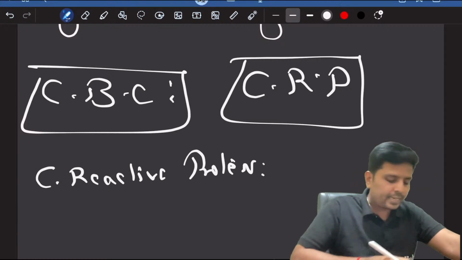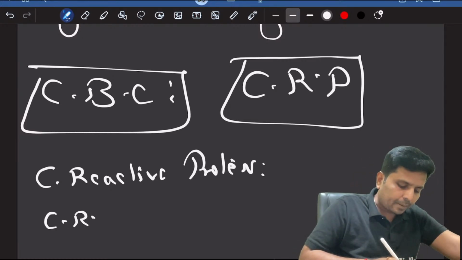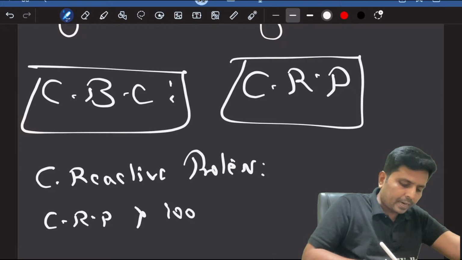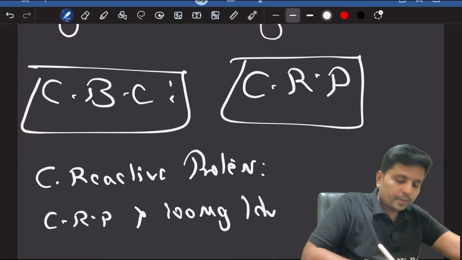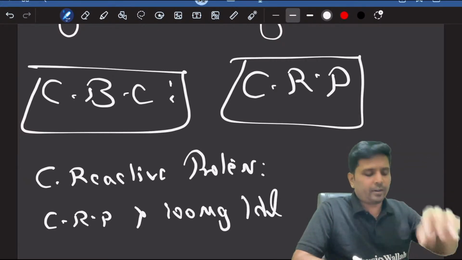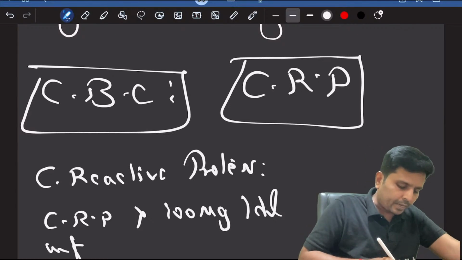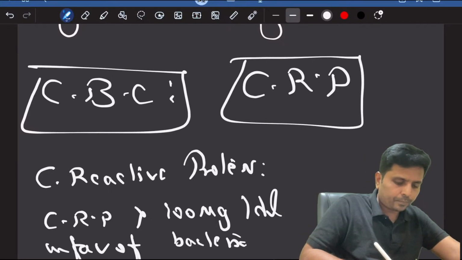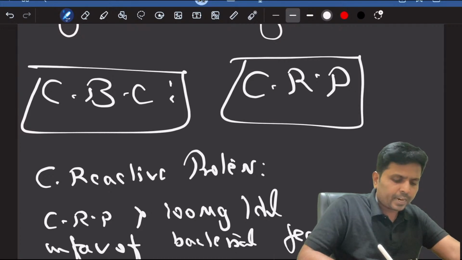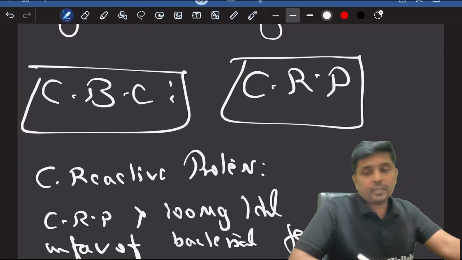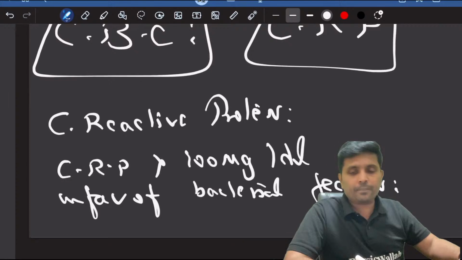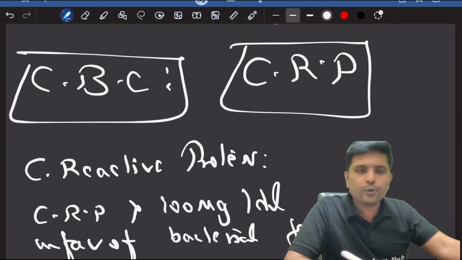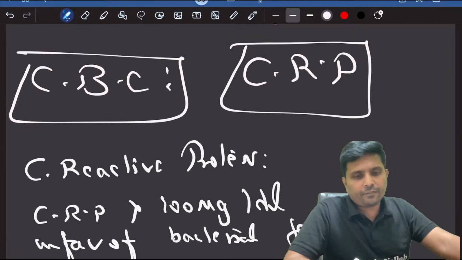A very high CRP, I repeat, a CRP of more than 100 milligram per deciliter is usually in favor of a bacterial infection. Then you can ask me whether it is due to bacterial infection or something else. It can also be due to some other viral infection.